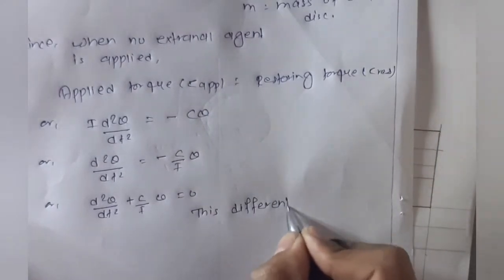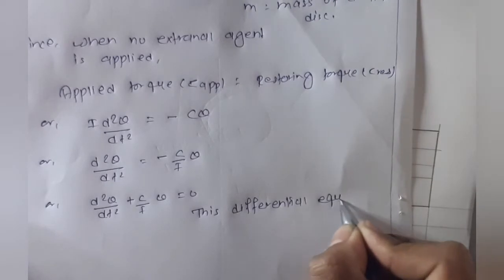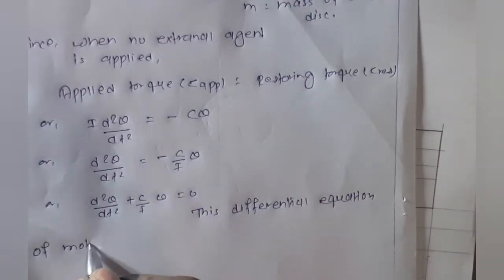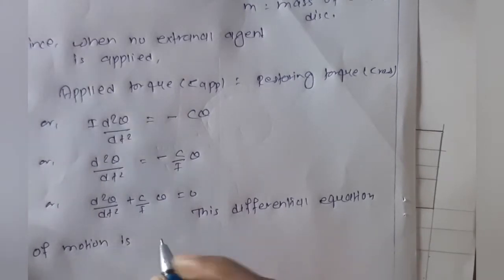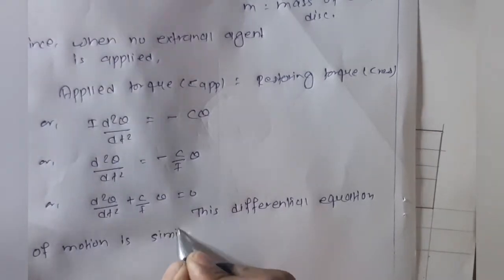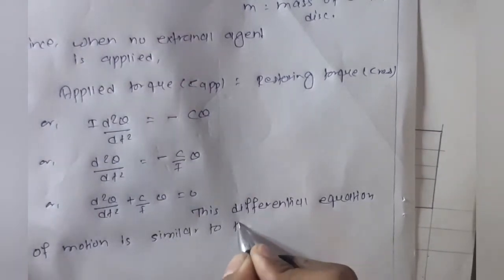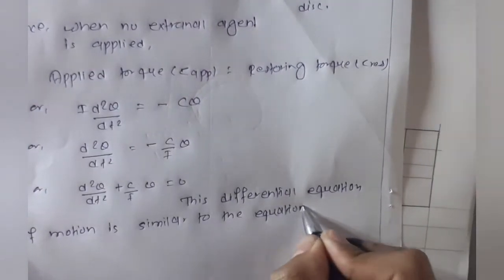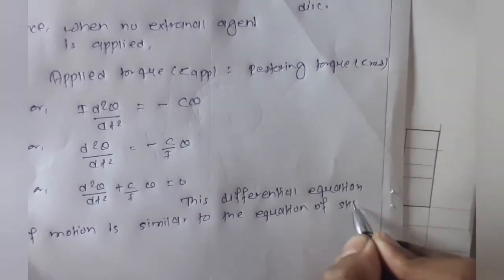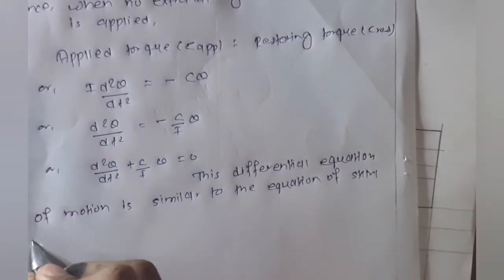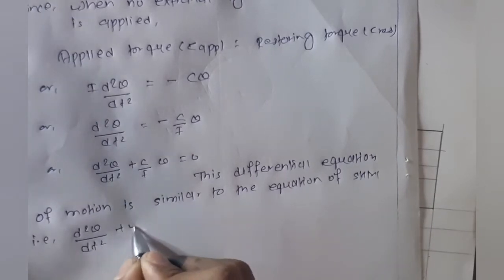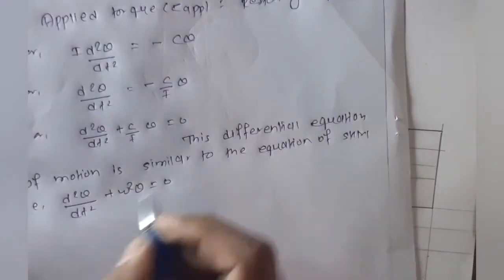This differential equation of motion is similar to the equation of simple harmonic motion, that is d square theta by dt square plus omega square theta is equal to 0.